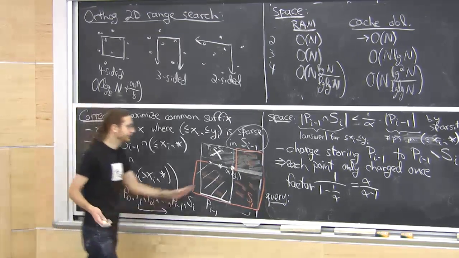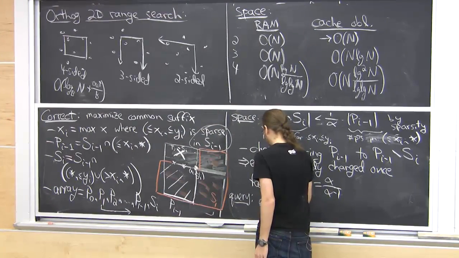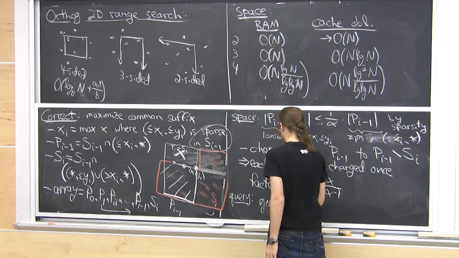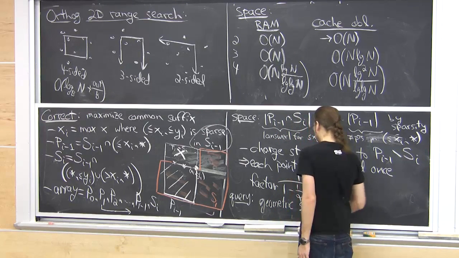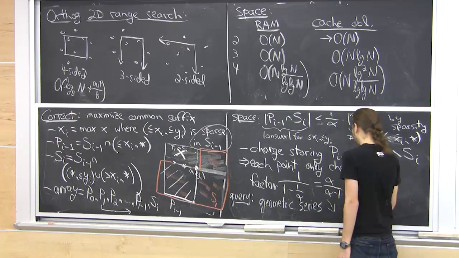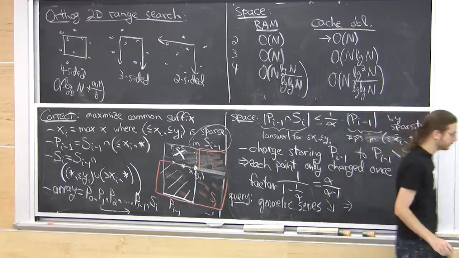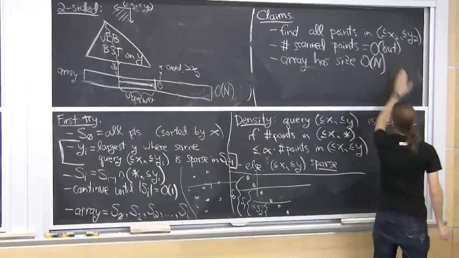So I'll wave my hands a little bit here, but the claim is it's a geometric series. This needs a formal proof, but I won't go through it here. Decreasing, so this is the query bound. The number of scan points is order output size.